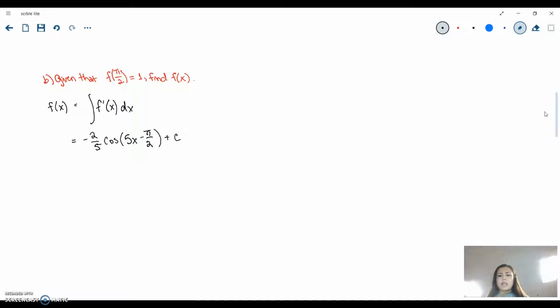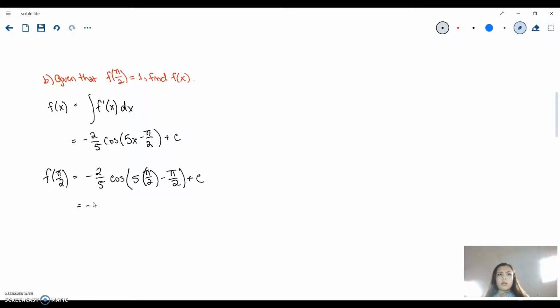So in order to find the c portion, we need to substitute a coordinate. We're already given the x coordinate, which is pi over 2. So f of pi over 2 equals negative 2 over 5 cosine of 5, plug in pi over 2, minus pi over 2, plus c.